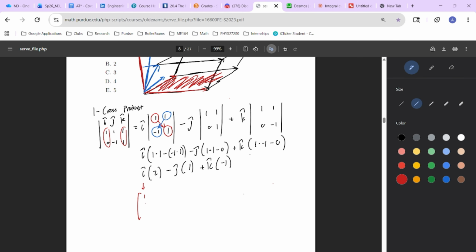So i, in this case, would just be 1, 0, 0, or a vector representing motion in the x direction. j would be 0, 1, 0, representing motion or value in the y direction only. And then k would be 0, 0, 1, representing motion or value in the z direction only. By combining all three of these, you can pretty much access every point in 3D space. That's the idea. So this vector can be written out to be 2, negative 1, and negative 1.